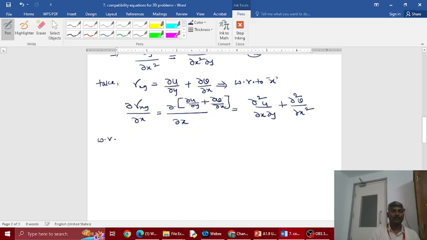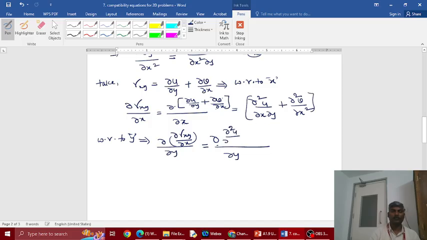Now you partially differentiate this expression with respect to y, which means ∂/∂y of ∂gamma xy/∂x equals ∂/∂y of ∂²u/∂x∂y plus ∂²v/∂x².